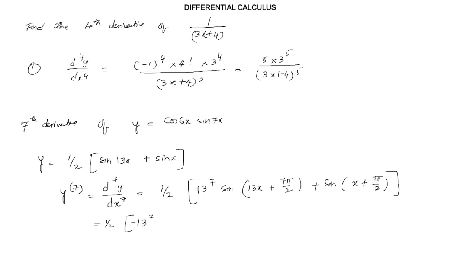After simplifying, this is minus 13 power 7 sine of pi by 2 minus 13x, minus cos x, or this would be equal to 1 by 2 of minus 13 to the power of 7 cos 13x minus cos x.